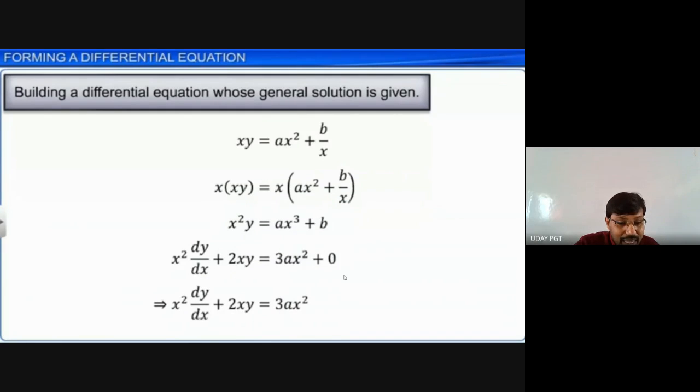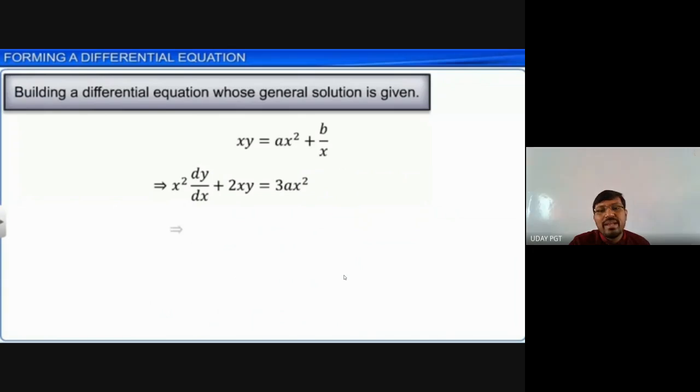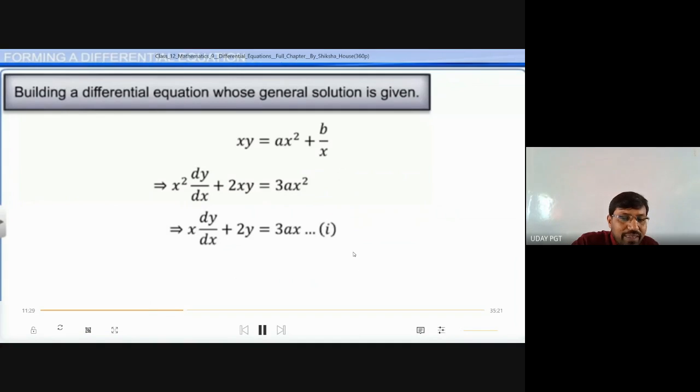And in the same way, when you are eliminating a also, those arbitrary constants, we call them arbitrary constants, and when you eliminate the arbitrary constants, we get a differential equation. Whatever equation you get here, you differentiate: we get x dy by dx plus 2y equals 3ax.